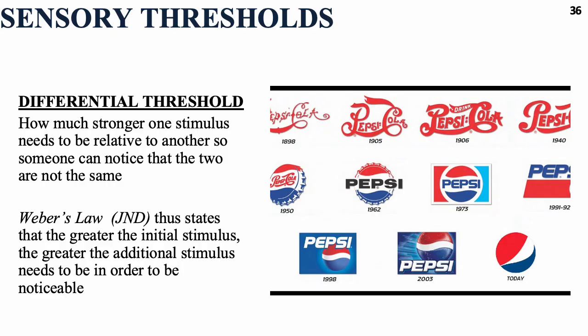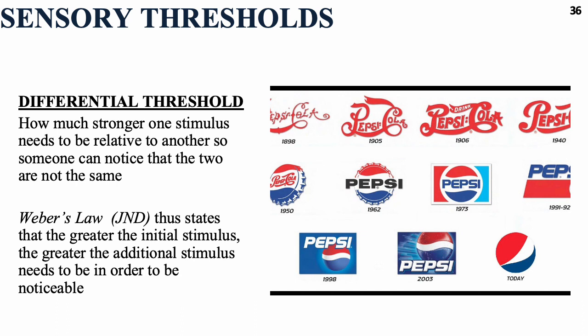So differential threshold, another type of threshold, is how much stronger one stimulus needs to be relative to another, so someone can notice that the two are not the same. So how different does, let's say, the Pepsi logos you see on your right, or my right, need to be for people to notice that they're different?